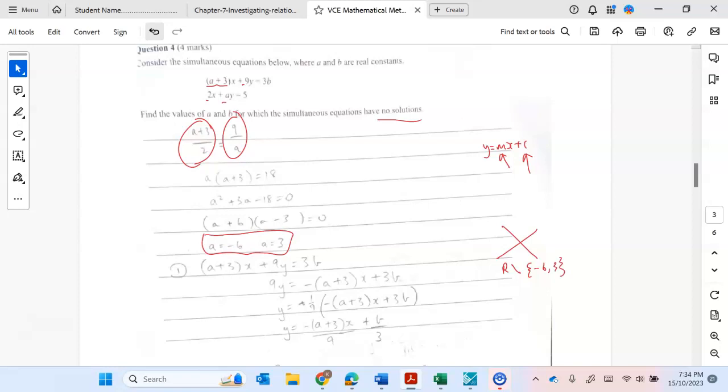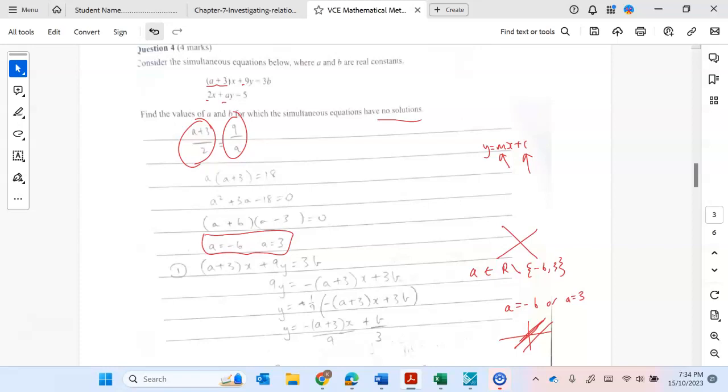Now, if a is equal to -6 or a is equal to 3, you're either going to have parallel lines or you're going to have the same line. We don't know yet.